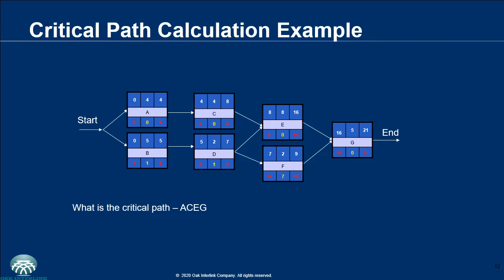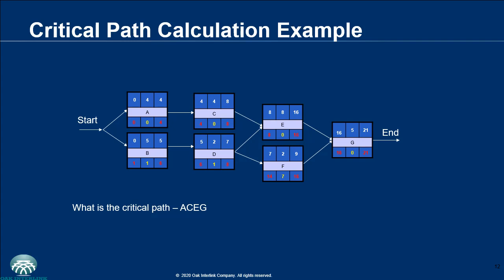And you see that the first step says set the early start of the starting activities. In this case, activities A and B are the starting activities. Set the early start to 0. So that's why you see 0 in the top left corner for activities A and B.